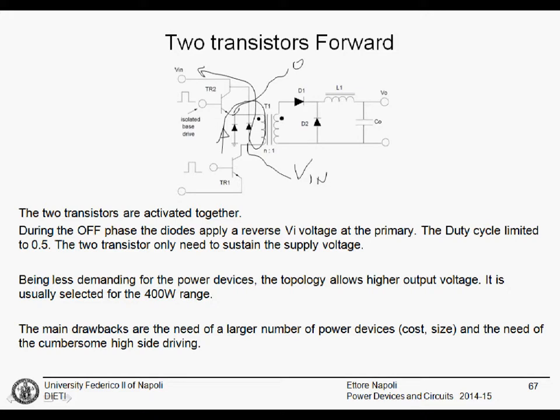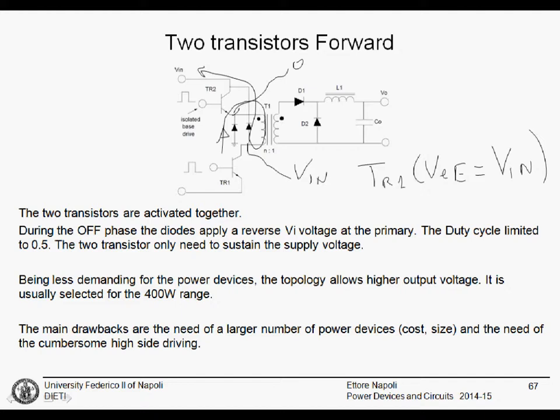This means that for transistor 1, the collector to emitter voltage is just the input voltage. It's not larger than the input voltage, it's just the input voltage.